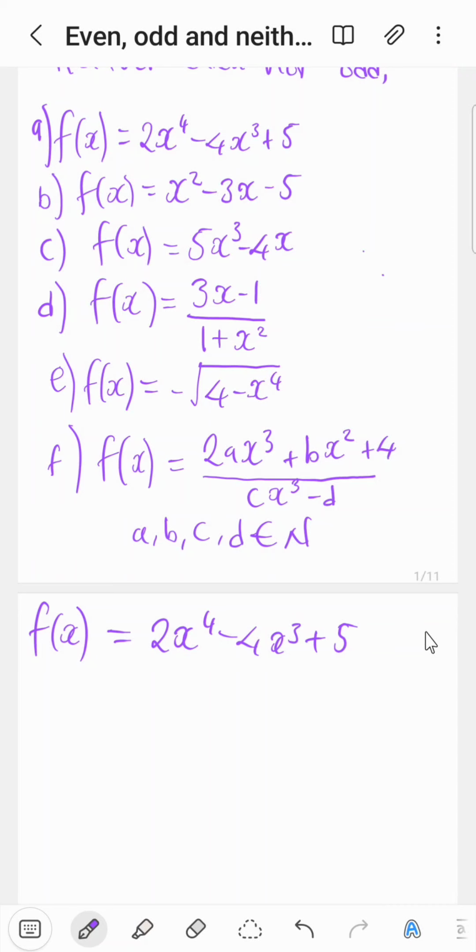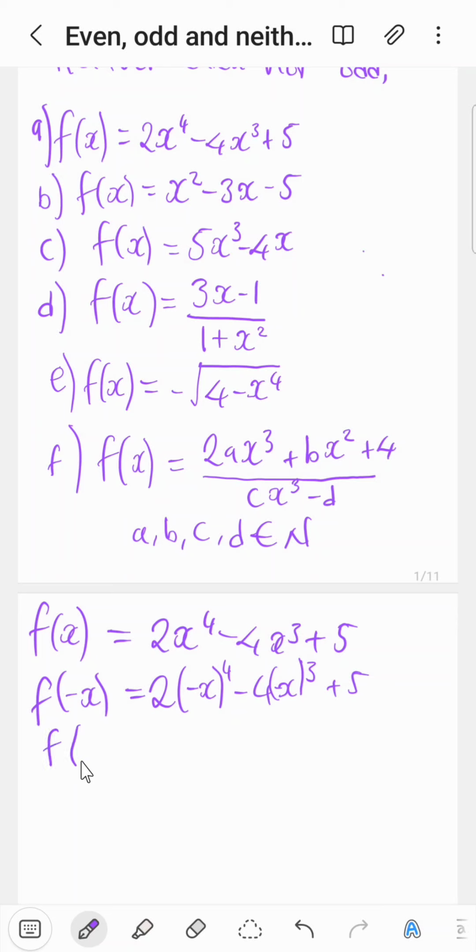So to know if this function is even, we are going to find f of negative x. What does this mean? Where there is x, you place negative x. So f of negative x equals 2 times negative x to the power 4, minus 4 times negative x to the power 3, plus 5.